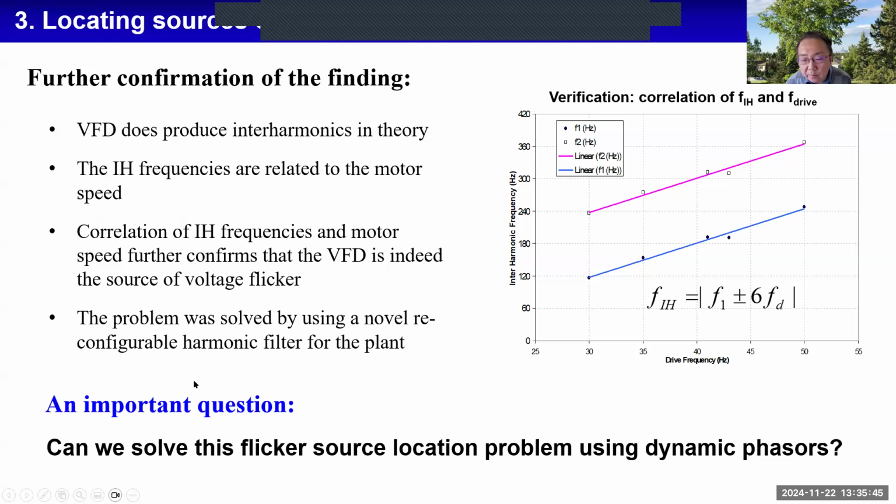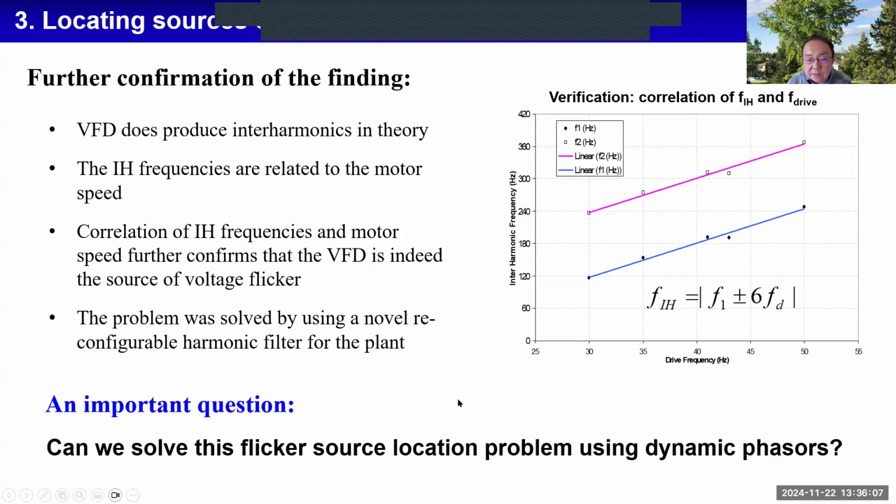It solves the problem. Since then, the drive manufacturer, which also provides a filter, has applied this to pipeline users. If such a problem happens, they use this approach to solve it. That's what we learned from the power quality investigation.